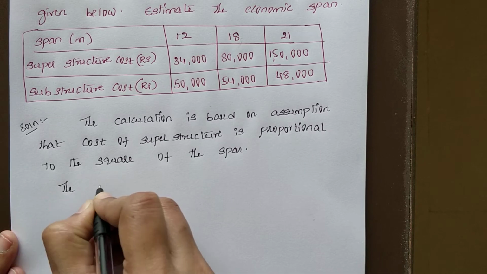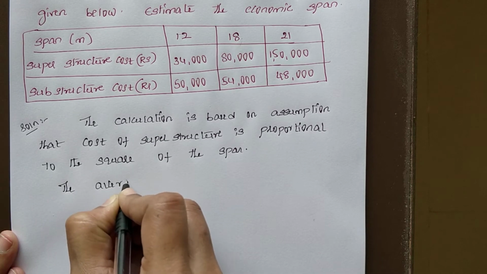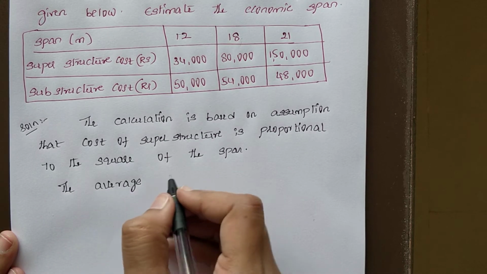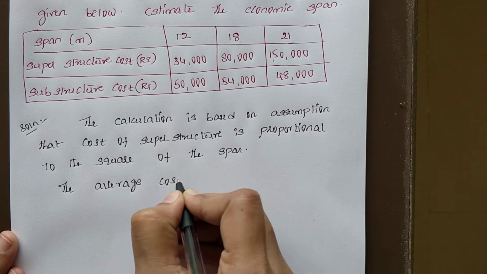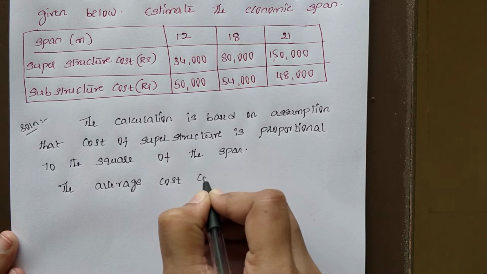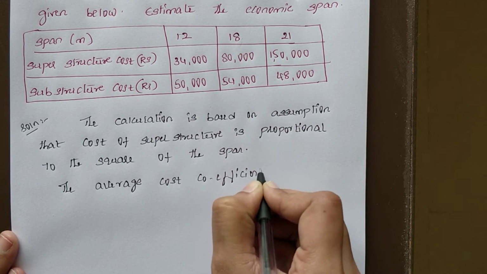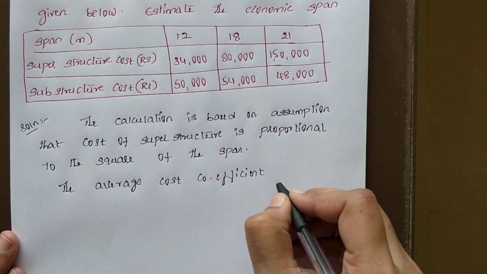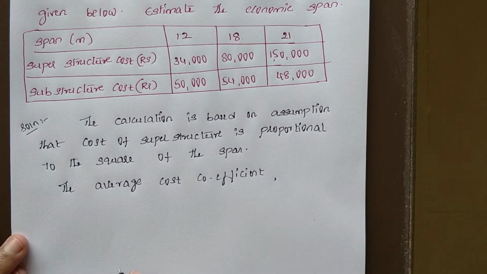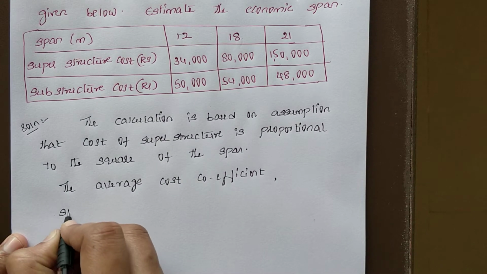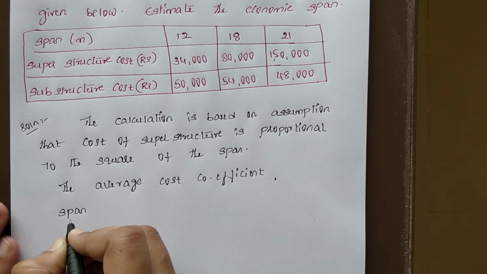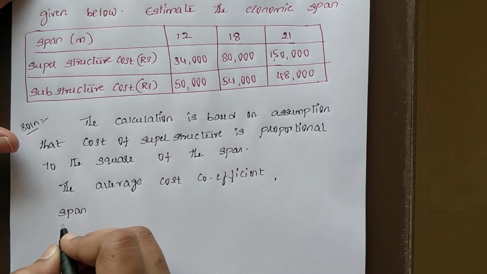Next you need to calculate the average cost coefficient. For different spans you need to calculate the average cost coefficient.